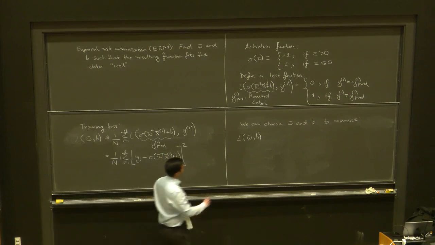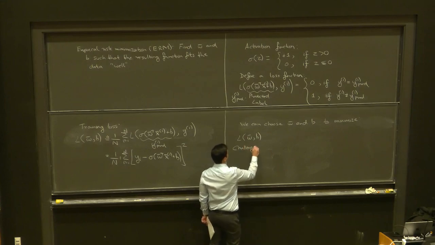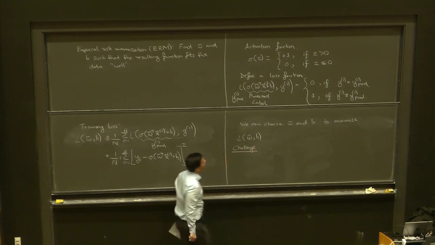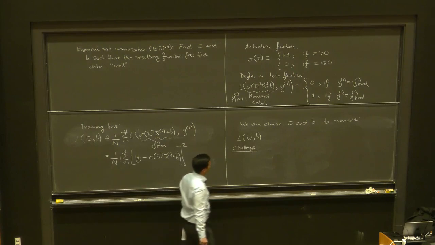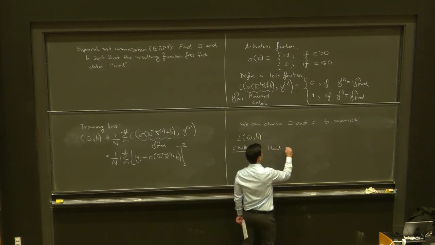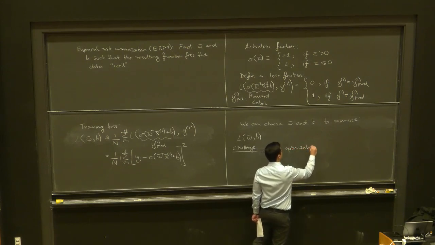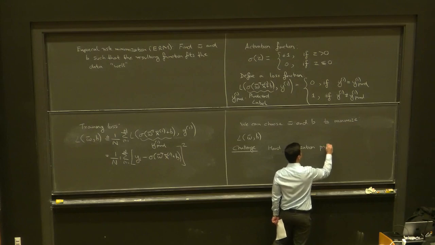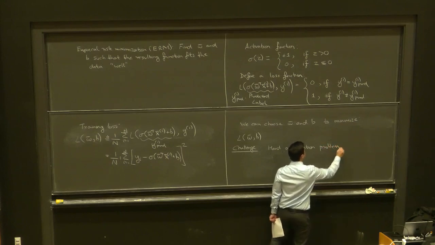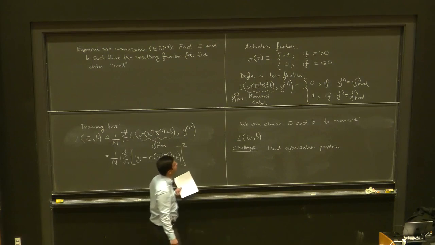The challenge with this, well, I guess there are a couple of challenges, but one challenge is that this is a hard optimization problem. And it's hard because things are kind of not smooth, right?